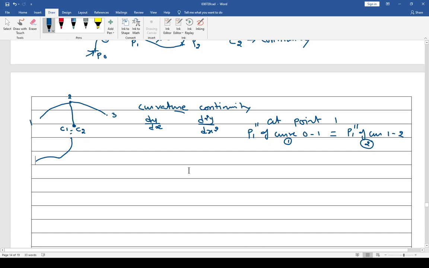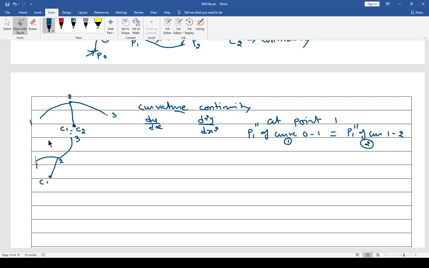I think I clicked something which is trying to put the large picture on the screen. I don't know what I did. Okay, fine, let it be. So if this is 1, this is 2 and this is 3. If I find the instantaneous center for the 1 2 curve at point 2, that will be C1.